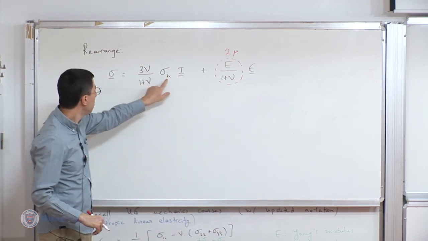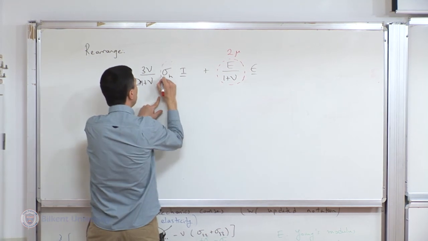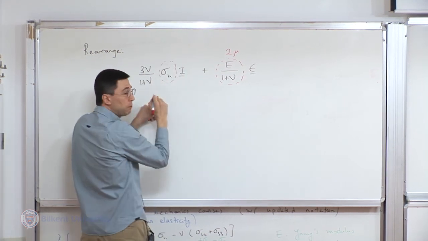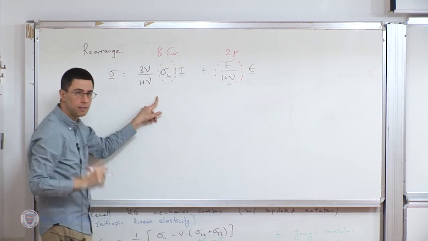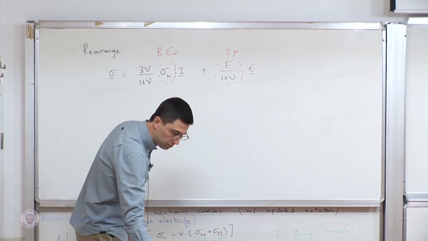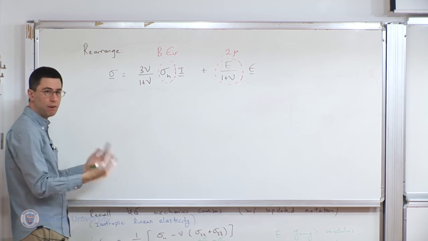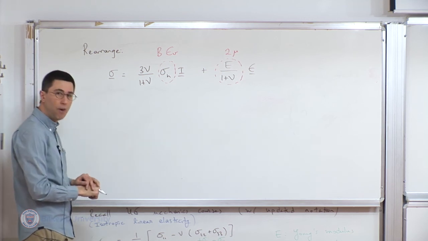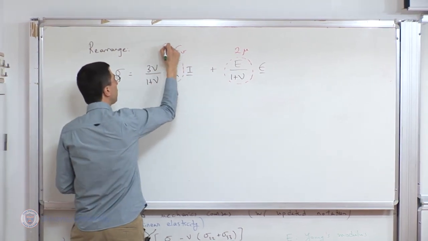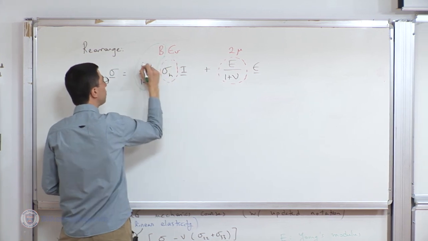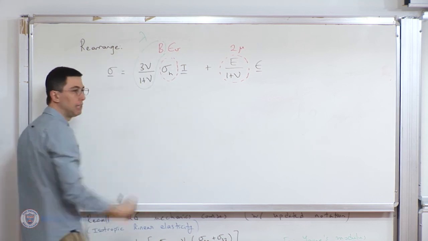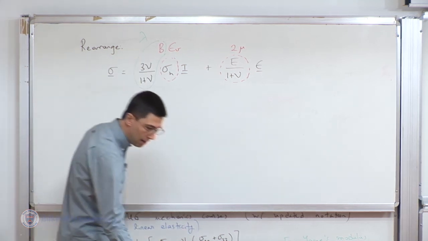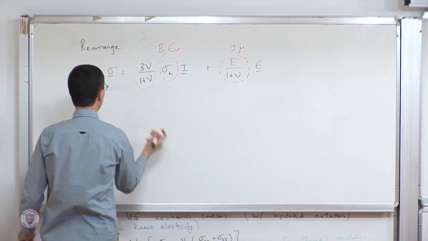And now I also remember that sigma h, the hydrostatic stress, can be written as the bulk modulus times the volumetric strain. Okay? So now I'm making use of everything that I had before. And finally, I remember the new constant which I introduced, which is 3B nu over 1 plus nu, which was the Lamé constant, lambda.